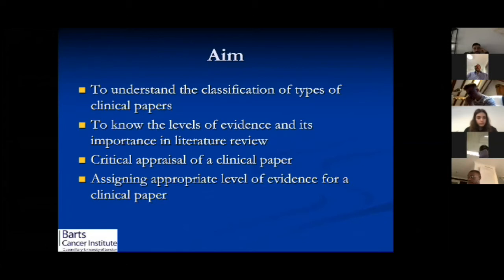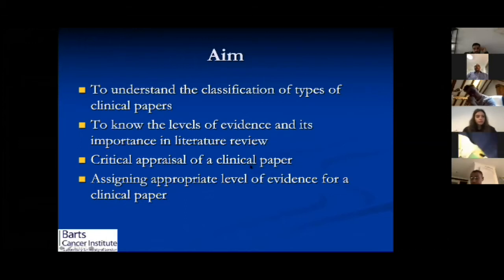Depending on the level of evidence, we will take the results of the clinical paper into practice. This will also help you do a critical appraisal, and assign an appropriate level of evidence to a clinical paper if you are asked to do a critical appraisal. This is my aim of today's presentation.